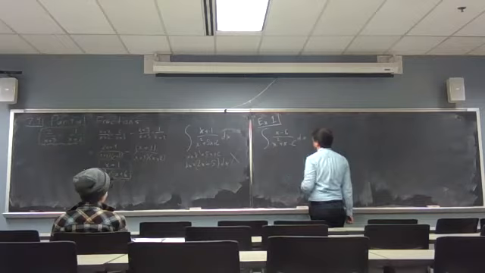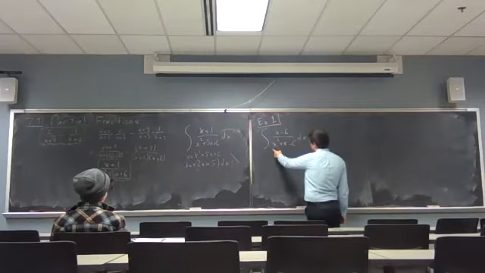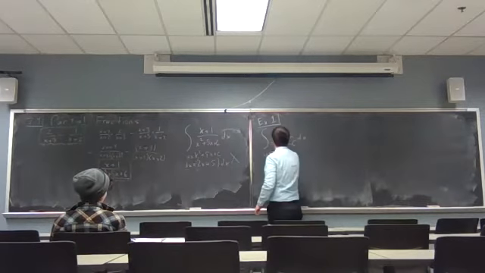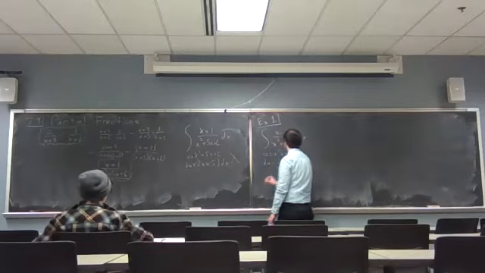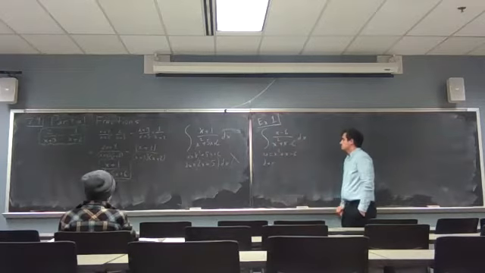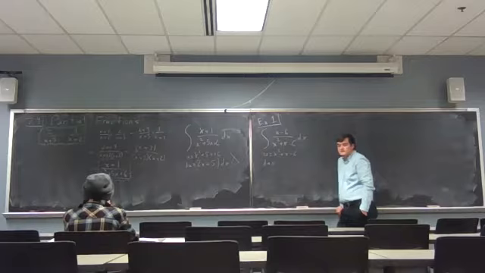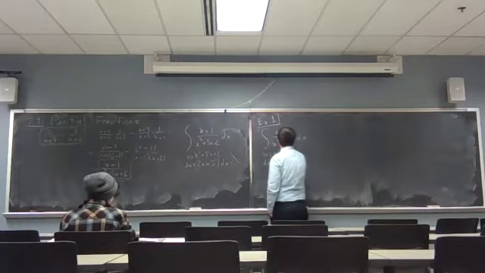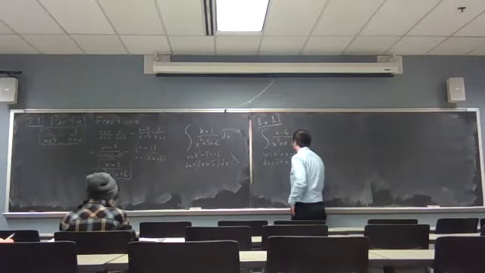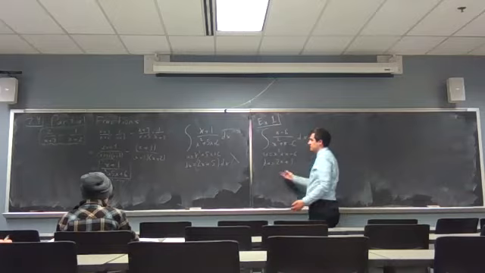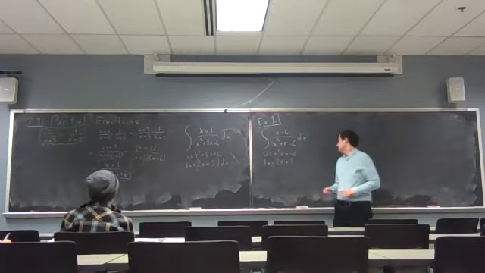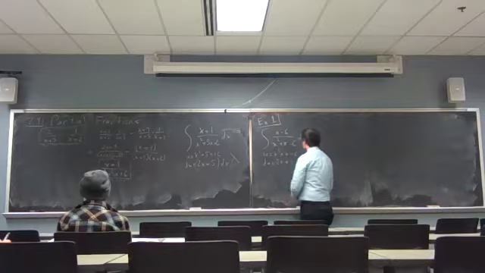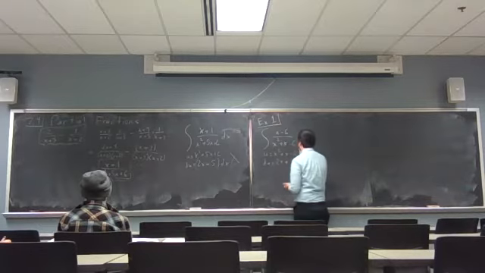But there's an issue: if I let u be the bottom, what is du going to be? It's 2x plus 1, right? Which is definitely not x minus 6, not even a multiple of x minus 6. So we run into an issue. So doing u sub won't necessarily work out for us right now.